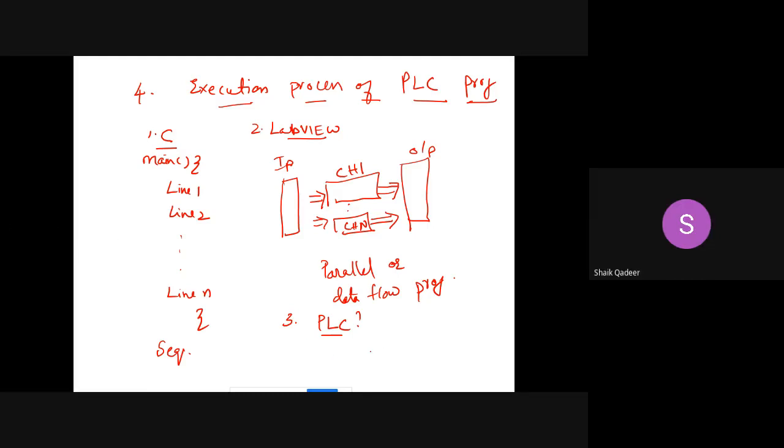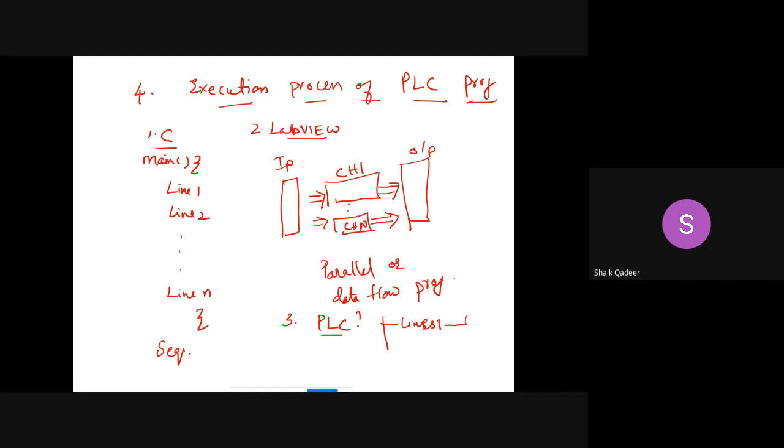A PLC actually consists of lines. Each line is equipped with a few inputs and one output.